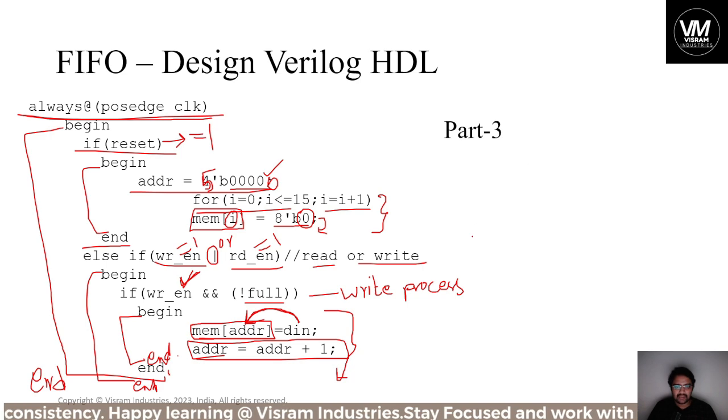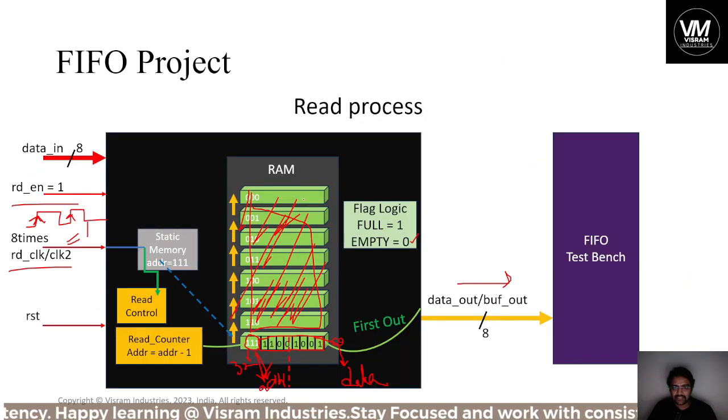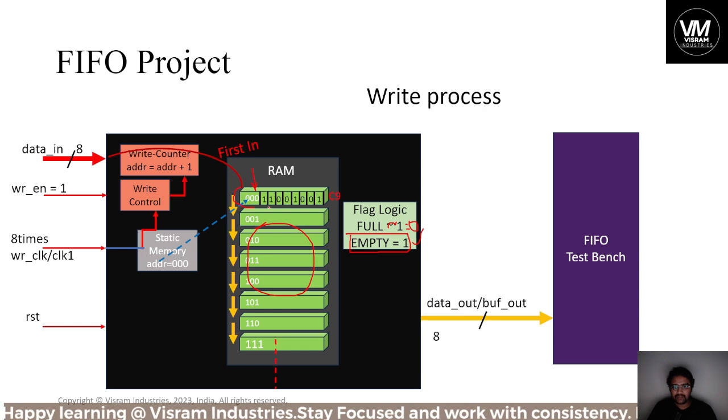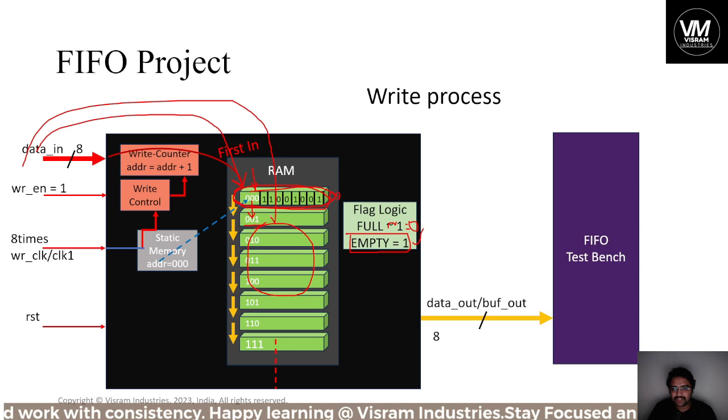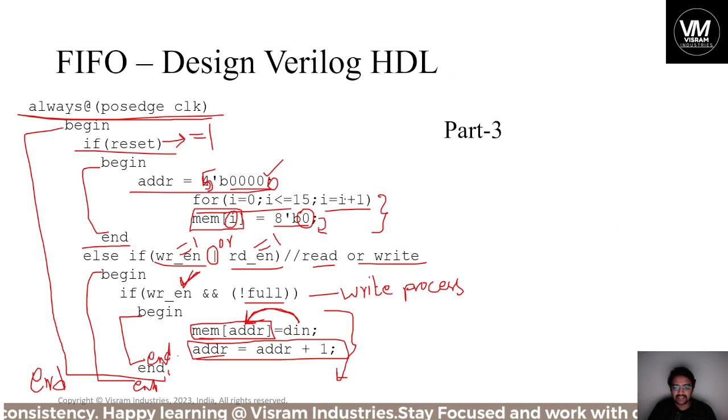So in the stack of memory, if it is at 0, the data from data in goes to the memory block, memory of 000 is written, and immediately the address will be incremented to 001, and if there is new data, that will be stored in this second register. That is how the write process is happening. And end it. If you begin, you end it.